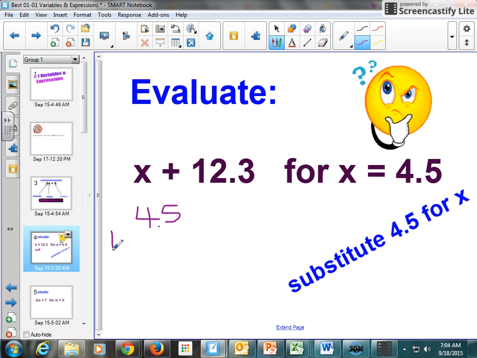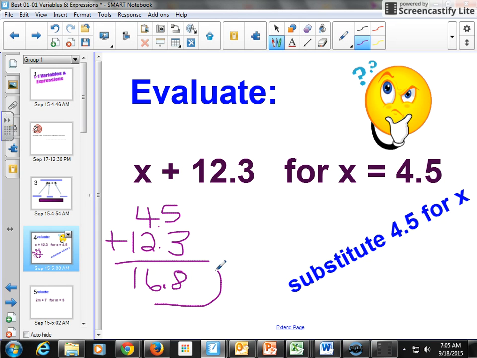Me personally, when I add, I like to write things vertically, especially with decimals, and line up the decimal point. Start from the right, put your decimal point in the right spot, and I get 16.8. That's all you have to do.